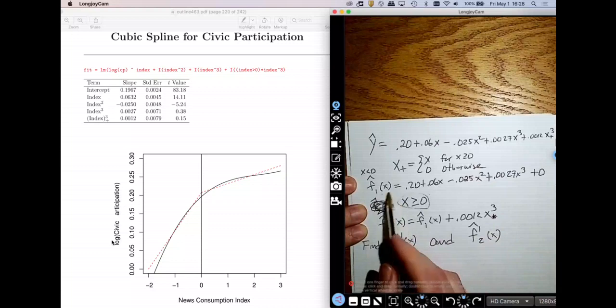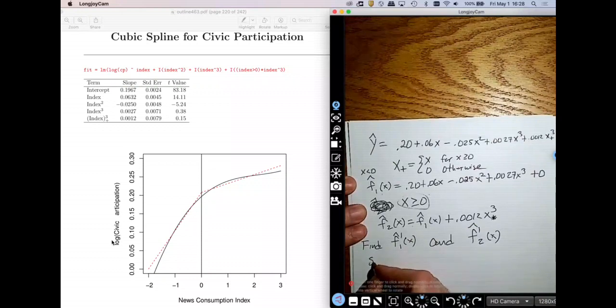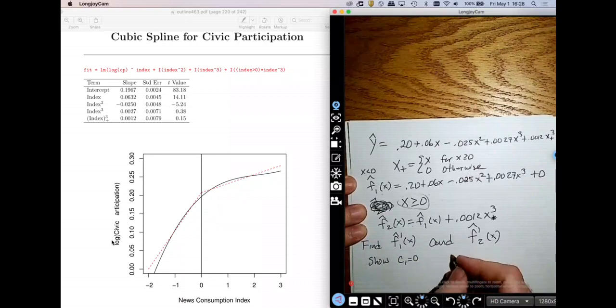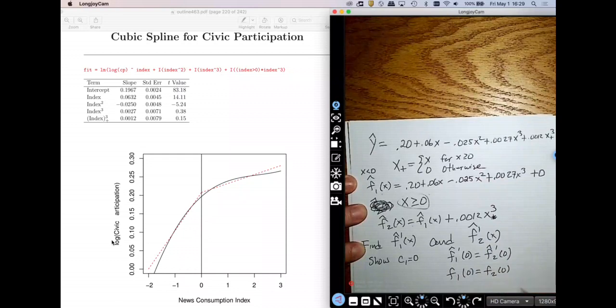You're just going to take the derivative of each of these with respect to x. And what you should do then is show that, for the knot c1, which was equal to 0, f hat 1 prime at 0 is equal to f hat prime 2 at 0. You should also show that f1 at 0 is equal to f2 at 0.